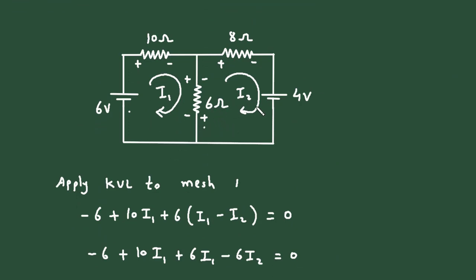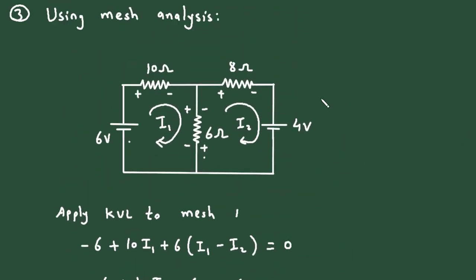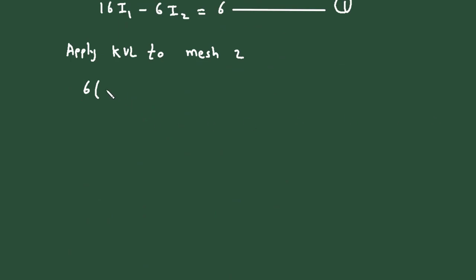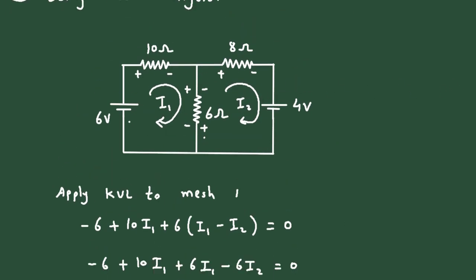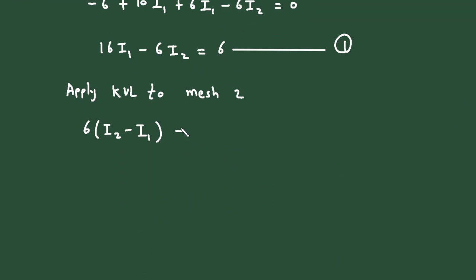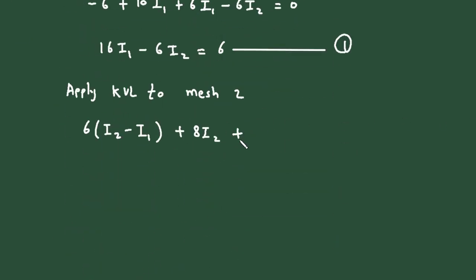It will be plus 6 in bracket I2 minus I1, then plus 8 I2, then plus 4 is equal to 0.